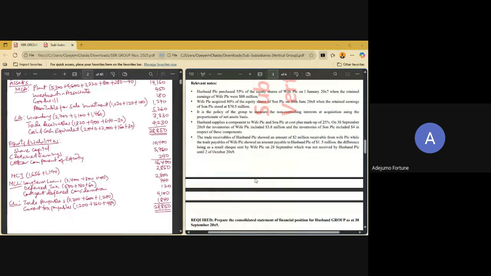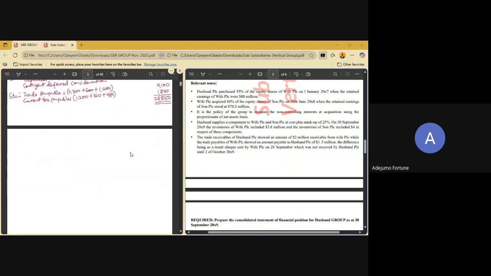On 30th September 20x9, the inventories of Wife PLC included 3.8 million and the inventories of Son PLC included 4 million in respect of this component. The trade receivables of Husband PLC showed an amount of $2 million receivable from Wife PLC, while the trade payables of Wife PLC showed an amount payable to Husband PLC of 1.5 million.